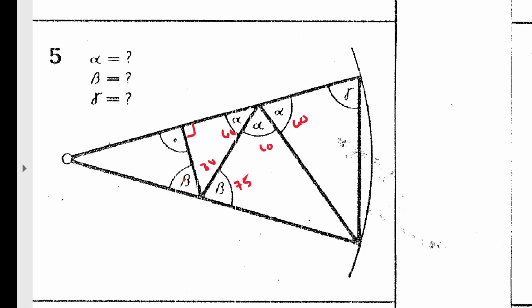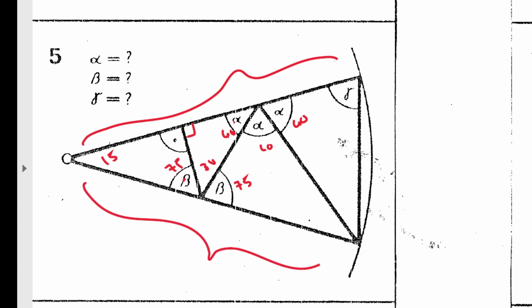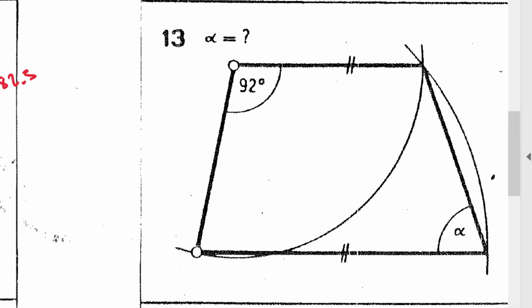So these are both 75. And then if I focus on this triangle right here, that makes this 15. Then you have the isosceles triangle here, which makes this 82.5.